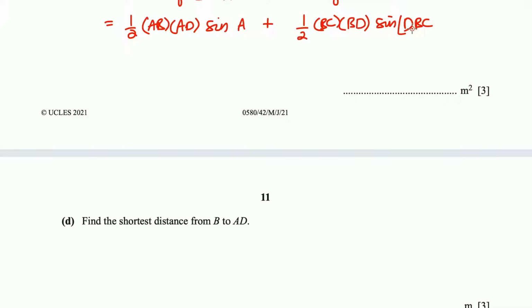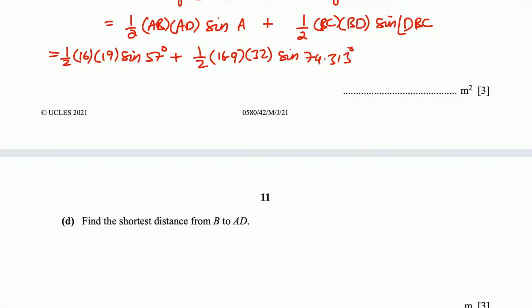Let us substitute the values. This will be equal to half into 16 into 19 into sine 57 degrees plus half into 16.9 into 32 into sine 74.313 degrees.